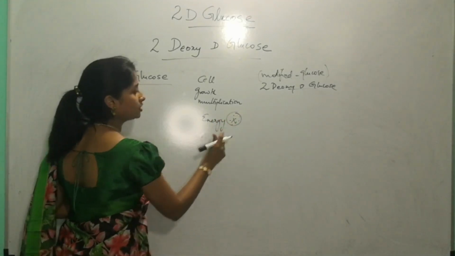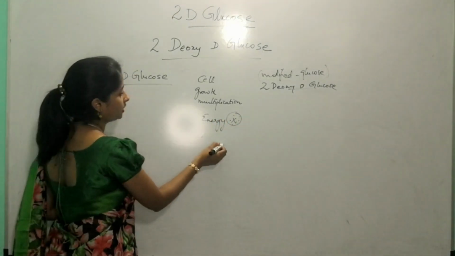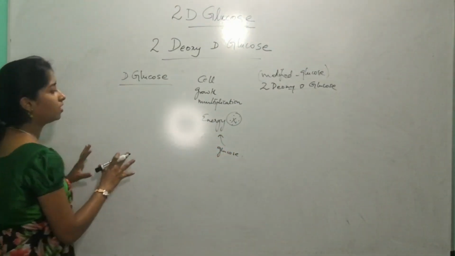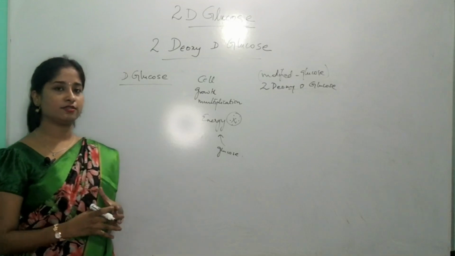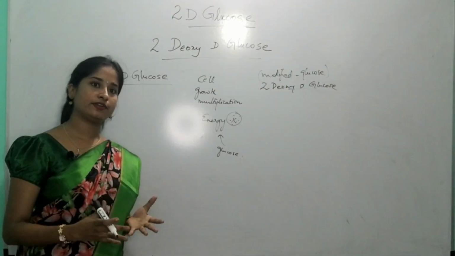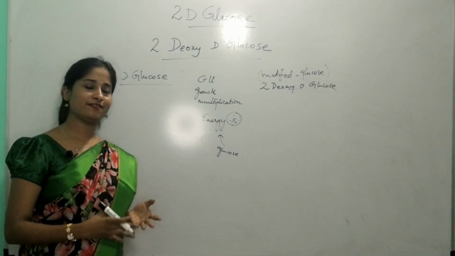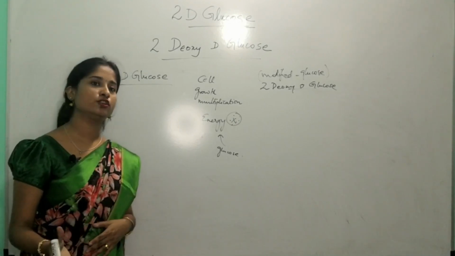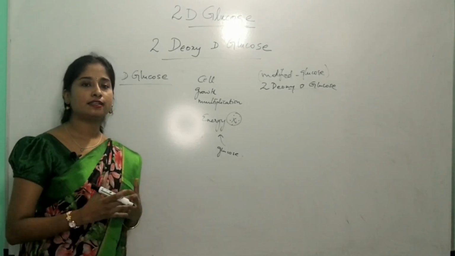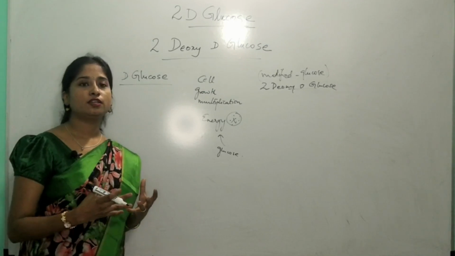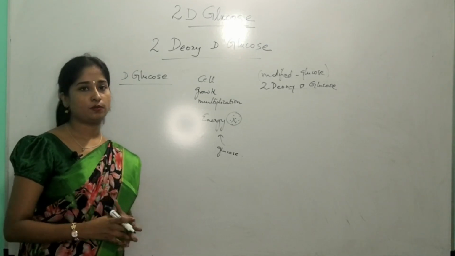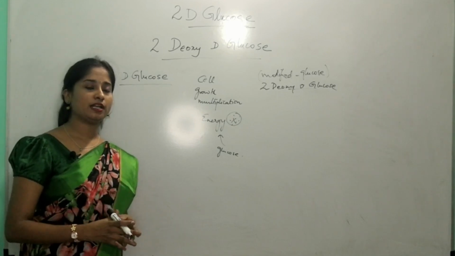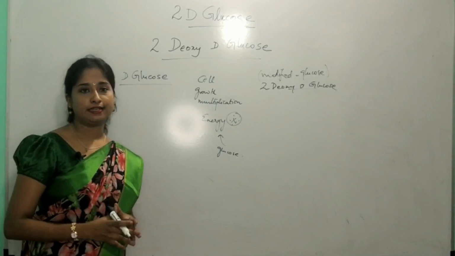For this energy to be derived, we need glucose. So let's see, most of the carbohydrate in any food material is generally glucose. Even if you take a protein or a fat, it will ultimately get converted into glucose, and then that glucose energy will be utilized by the cell for survival. If the glucose is not entering the cell, then it would ultimately lead to cell death.